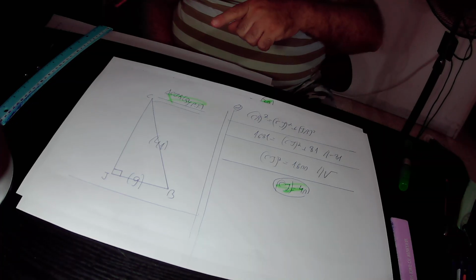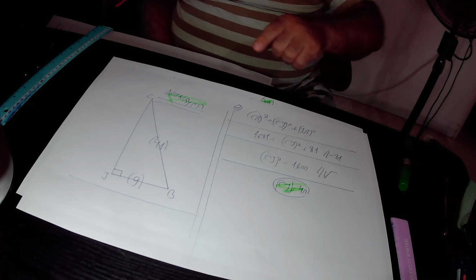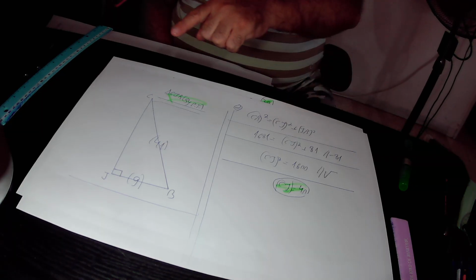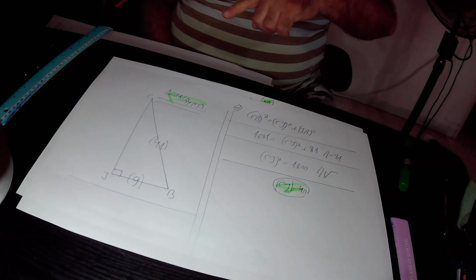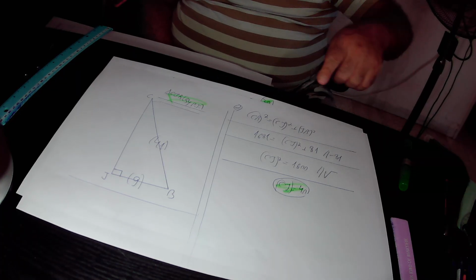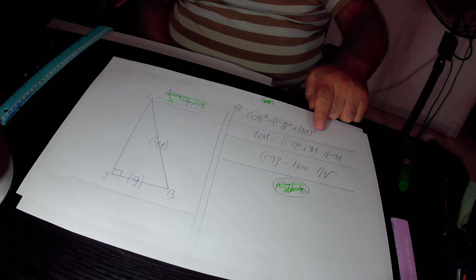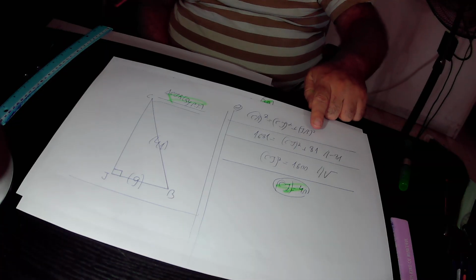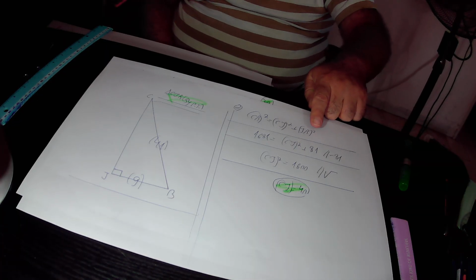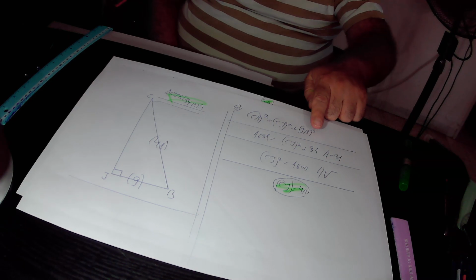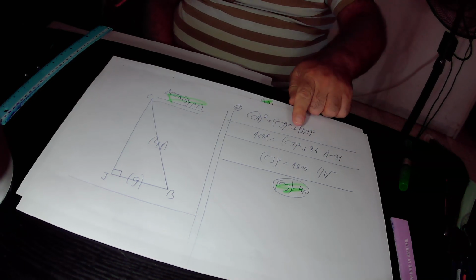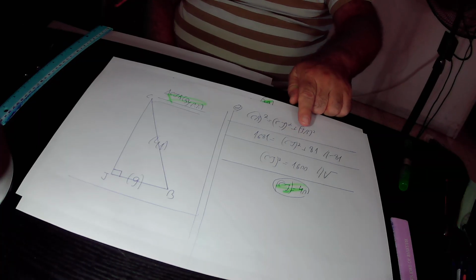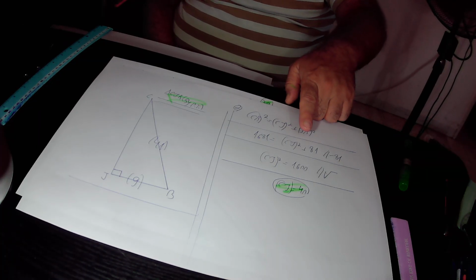CB is 41, therefore CB squared is 41 squared, that is 1681, and this equals CJ squared. CJ is the missing side, so we leave it as it is, plus JB squared. JB is 9, therefore JB squared is 9 squared, that is 81. So in total, 1681 equals CJ squared plus 81. If we subtract 81 from the equation, we find that CJ squared equals 1681 minus 81, which is 1600.